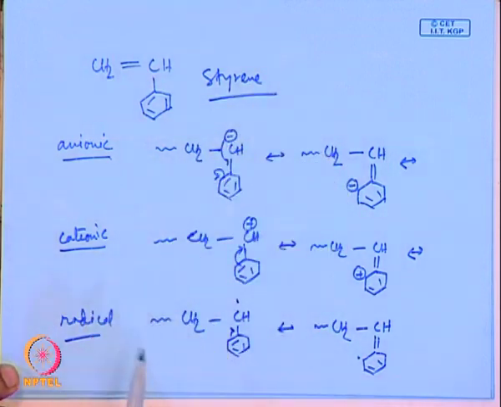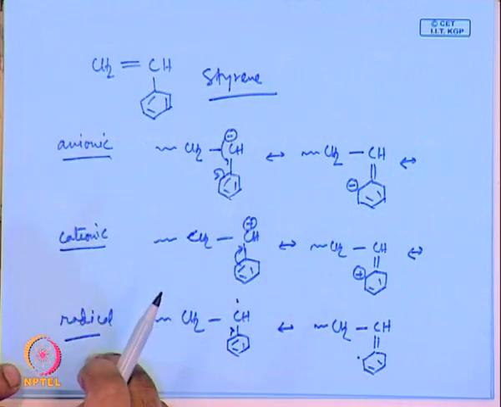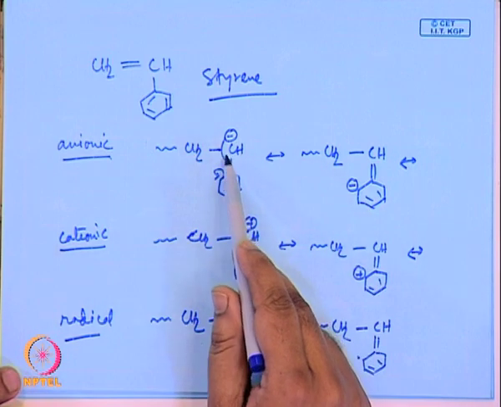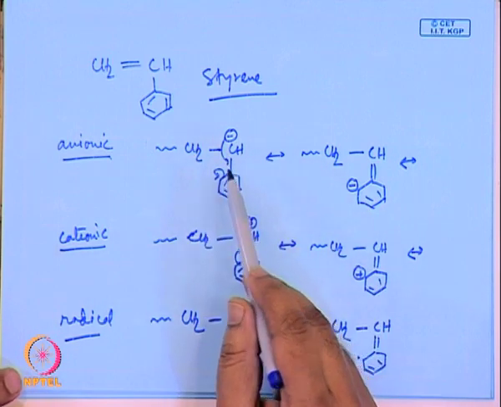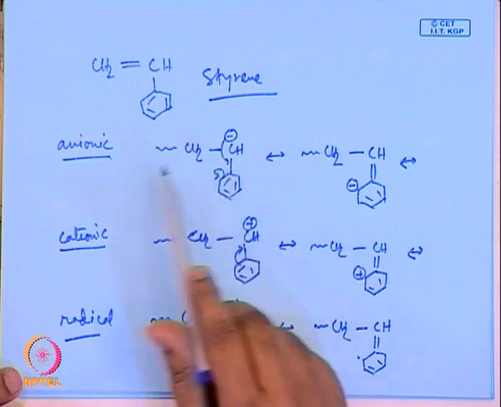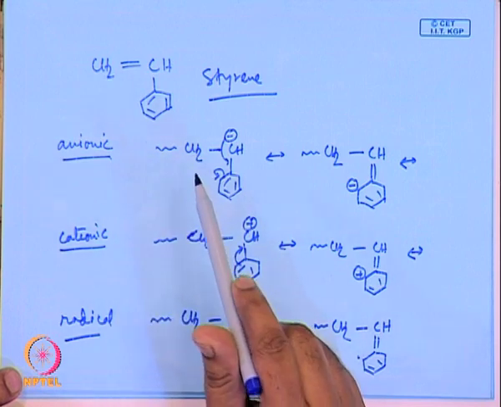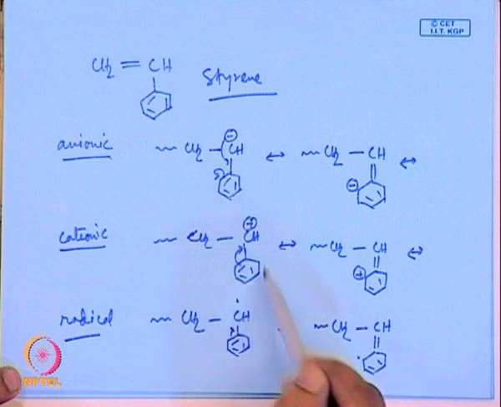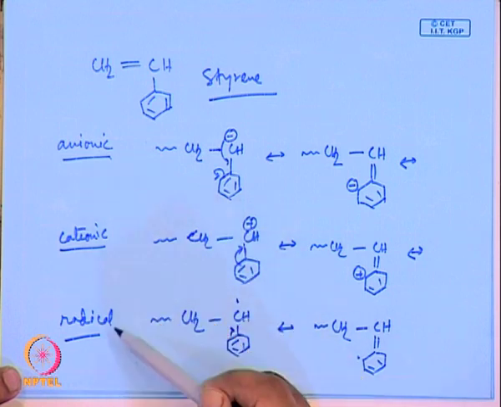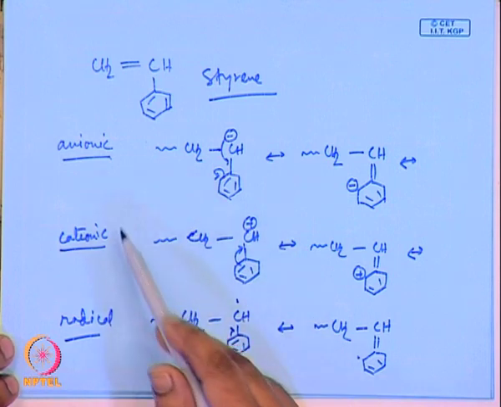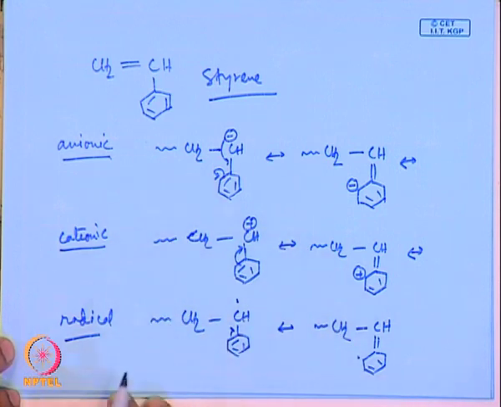you can see that in each of these cases, anionic, cationic and radical, the reactive species which is forming because of the reaction of the monomer with the previous reactive species can be easily stabilized by a resonating structure in all the three cases. So, styrene is an example where styrene can be polymerized either by anionic, cationic or a radical group.